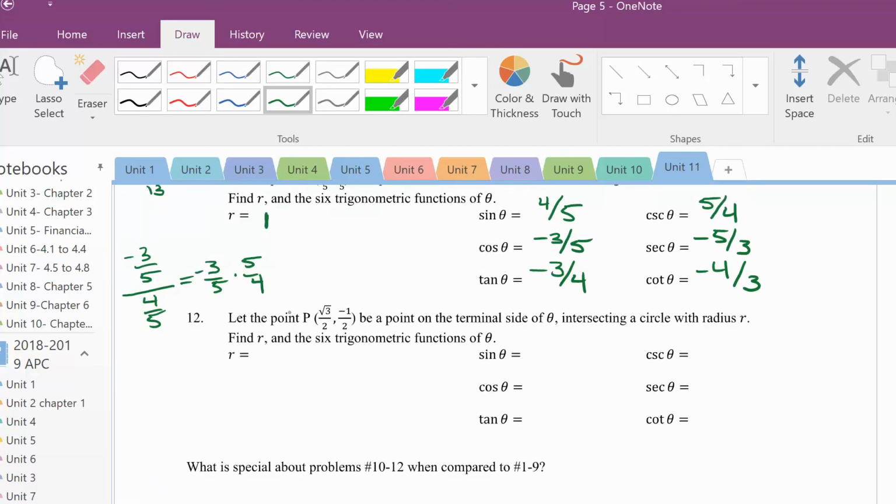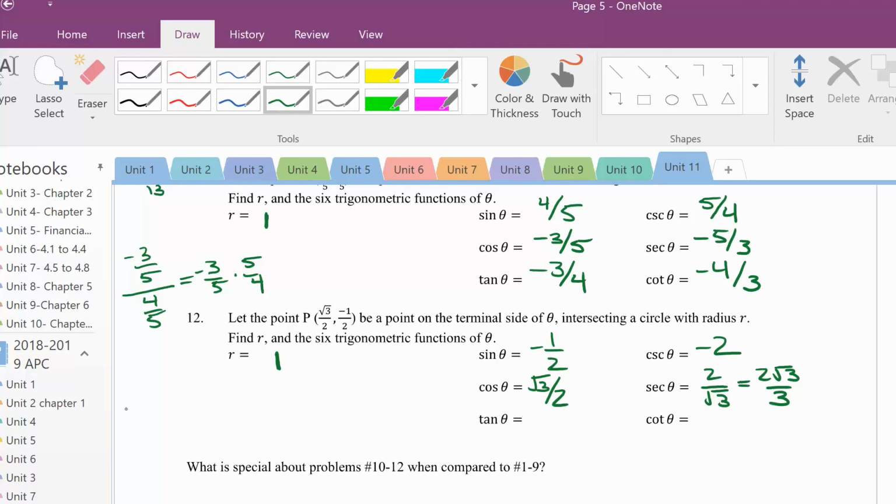And when you do number 12 and find r is 1. So the sine is y over r, which is just -1/2. The reciprocal is -2. The cosine is x over r, which is rad3 over 2. The reciprocal is 2 over rad3, which is 2 rad3 over 3.